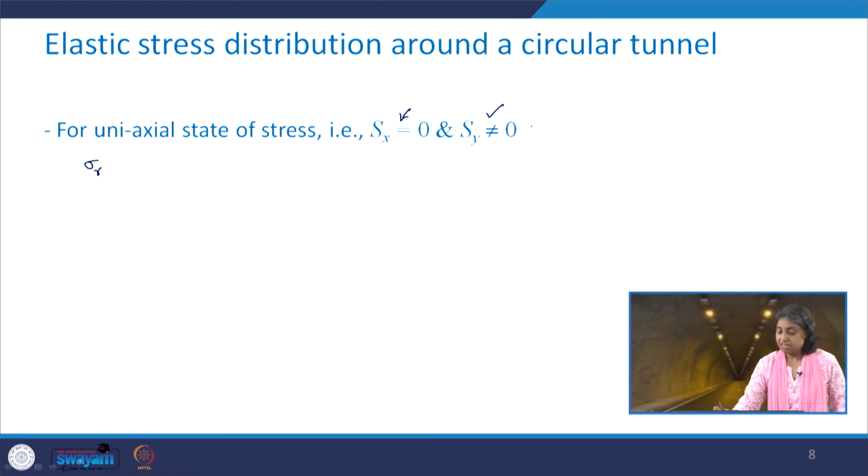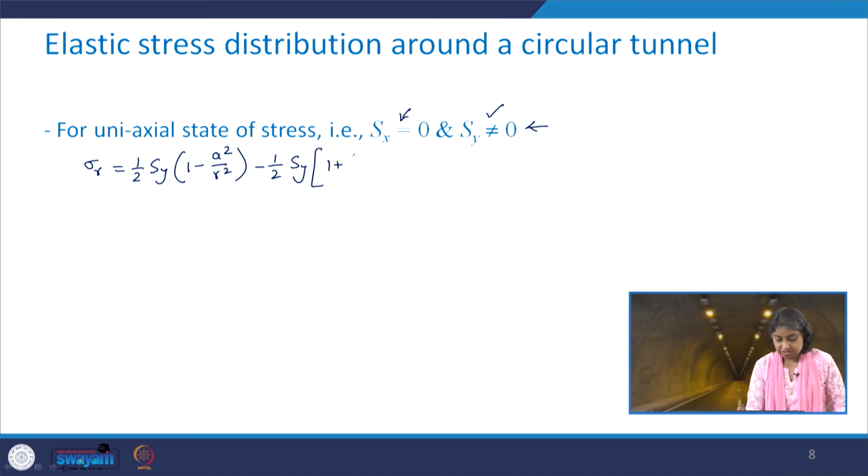Just substitute these values in equation 12. So, this is what we are going to get: half Sy times 1 minus a square upon r square, minus half Sy times 1 plus 3a to the power 4 upon r to the power 4 minus 4a square upon r square, into cos of 2 theta.